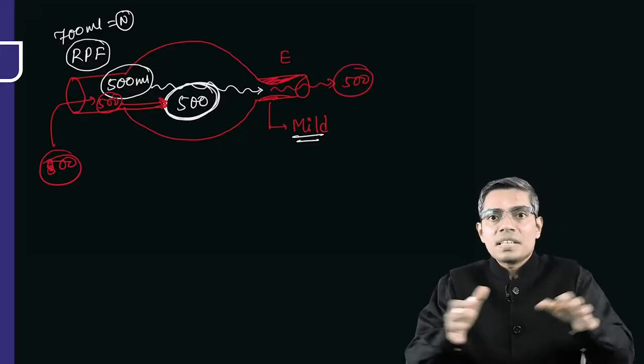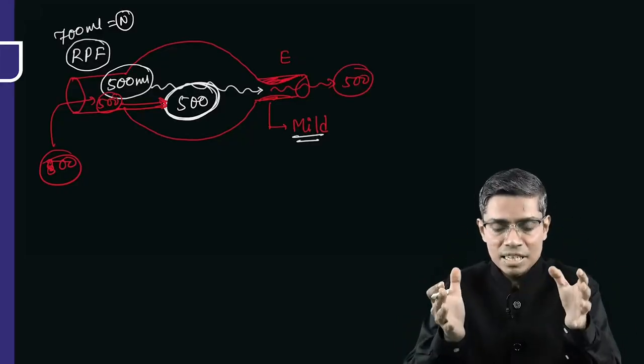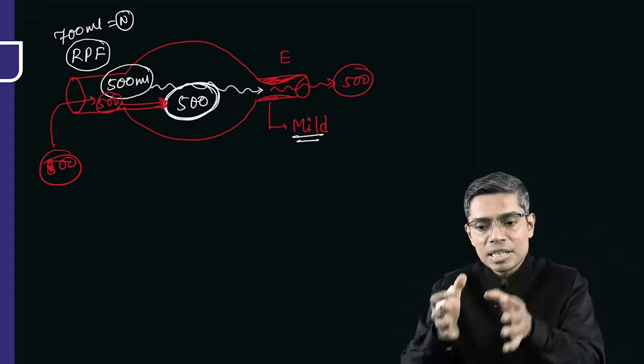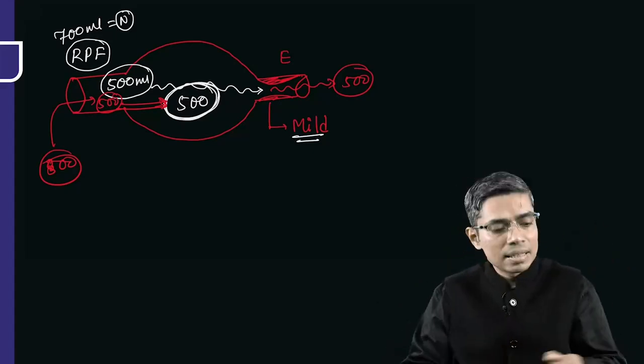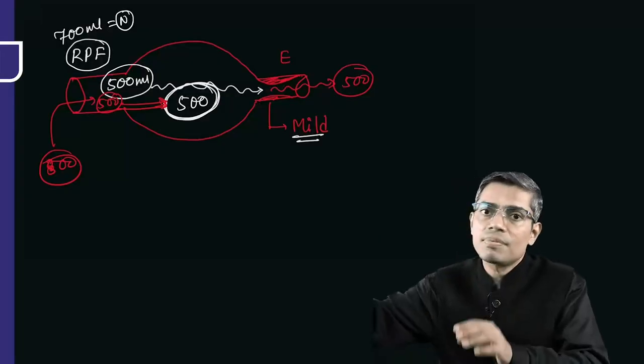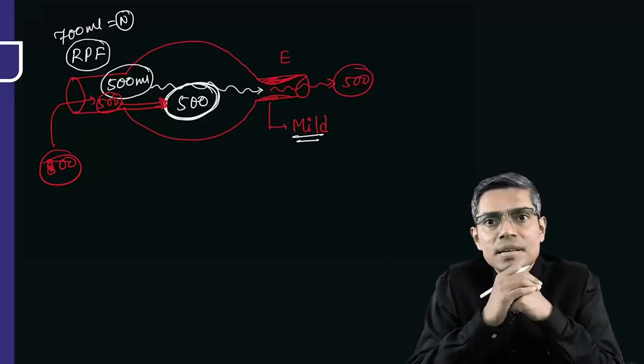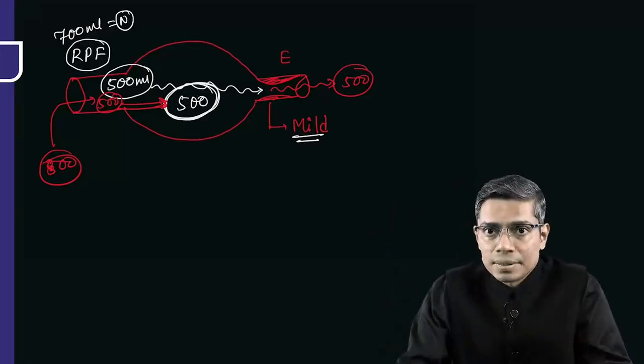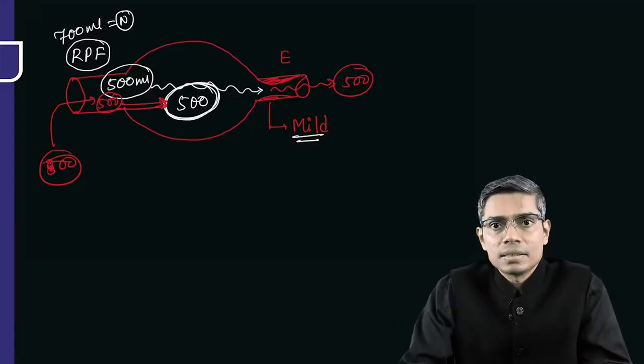Getting my point? So in a steady state condition, in the first minute 500 is coming, in the second minute 500 is adding up with that, in the third minute when another 500 is coming, that is pushing the first 500 ml of plasma out of this capillary. This is for gross understanding. Okay, this is happening like that.